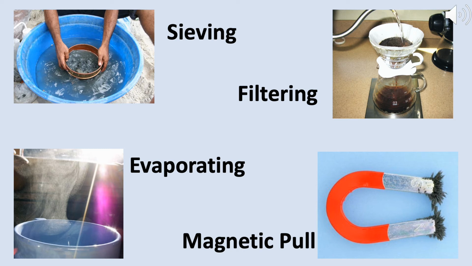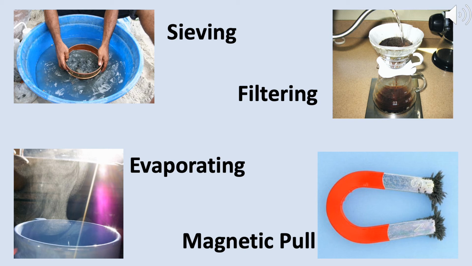We've also got filtering, which is the picture you can see in the top right. And filtering is a little bit different to sieving. Filtering is when you pass a liquid or a gas through a material to separate larger solid particles from that liquid or gas.